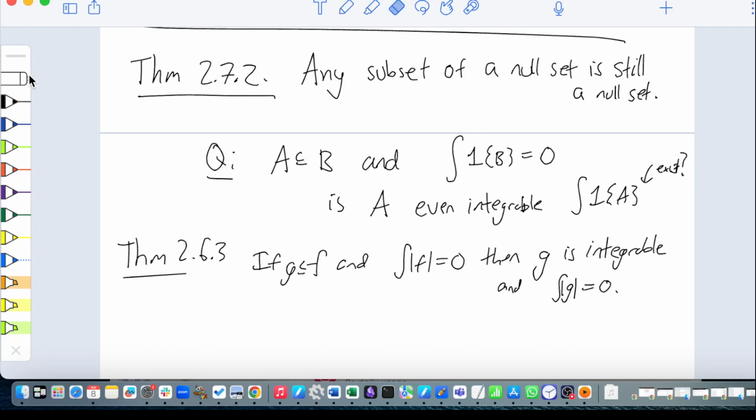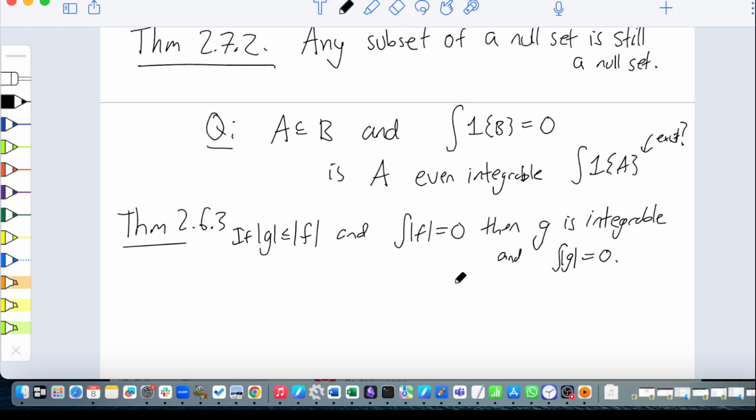I think it actually needs to be an absolute value. If g is less than f, and you know this one, then that one follows by putting f as the indicator function of B, and g as the indicator function of A.